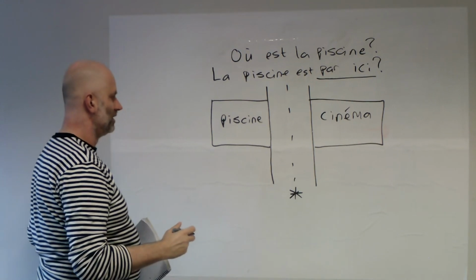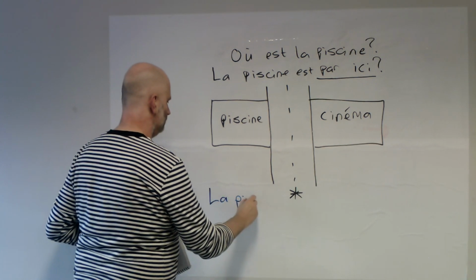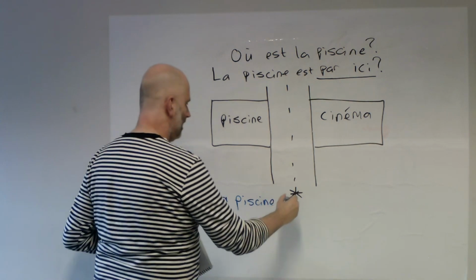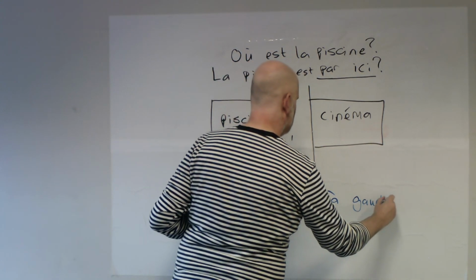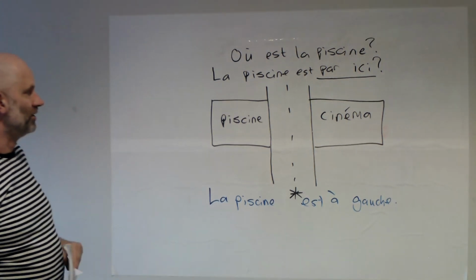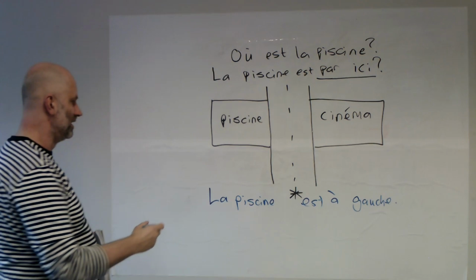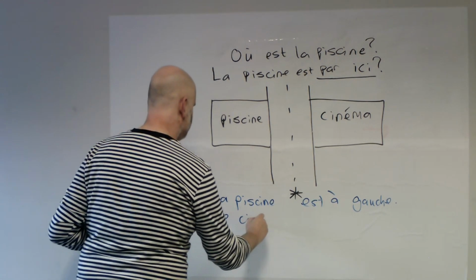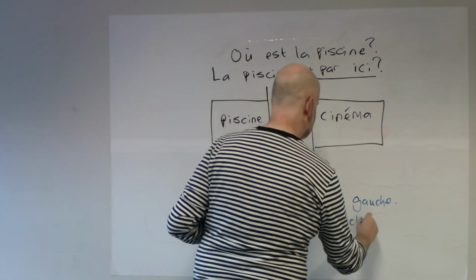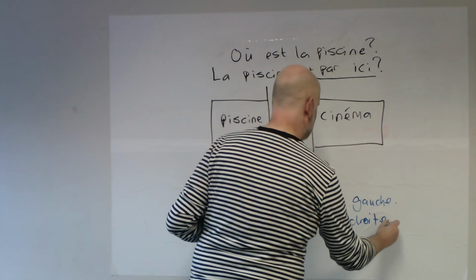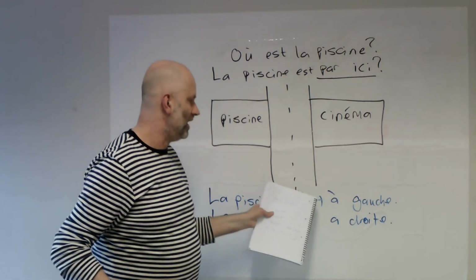So the person would say something like, could just say la piscine est à gauche. Or if you said something like où est le cinéma or le cinéma est par ici, you could say le cinéma est à droite.